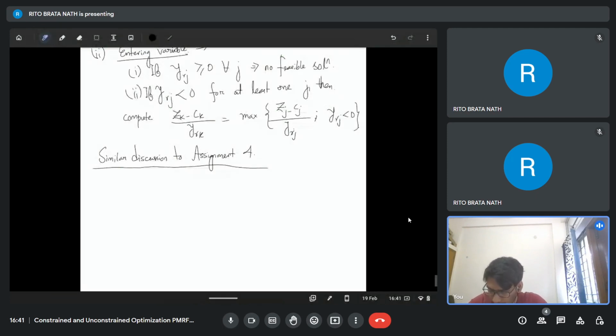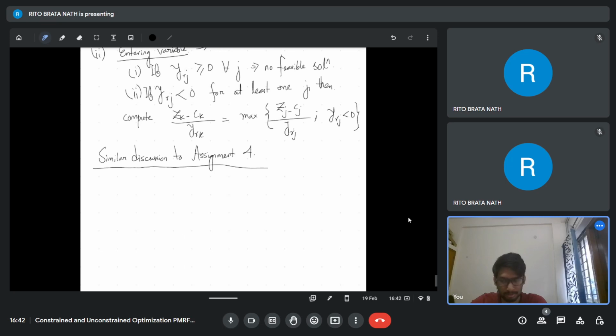So the first problem is just a theoretical problem, related to sensitivity analysis. When you change the cost coefficient, you do some sort of a reduction corresponding to a non-basic variable. So will the optimality get affected or not? That's fine.